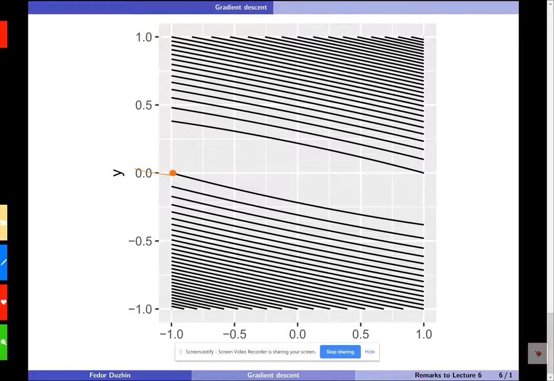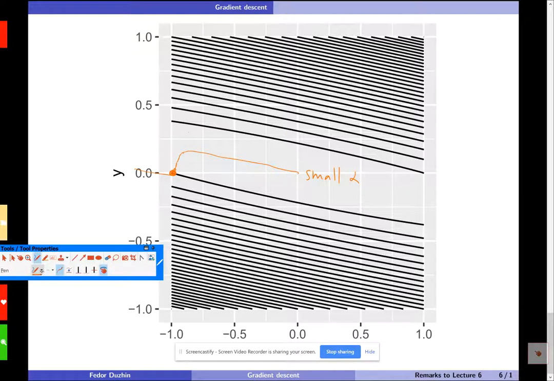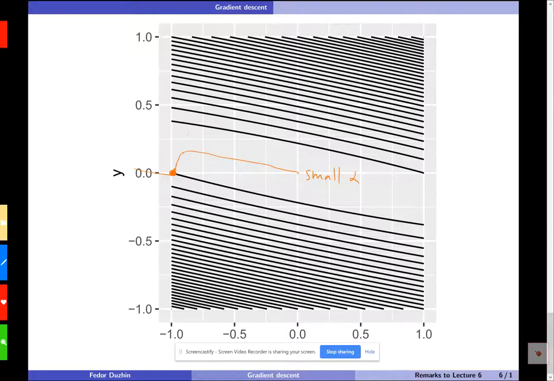If the learning rate is small, this is not really a problem, because every time we make these little small steps, and then at some point we reach this hollow, and then we converge to the center. So this is a small learning rate alpha, as opposed to a large learning rate alpha. With a large learning rate alpha, we will do something like this.